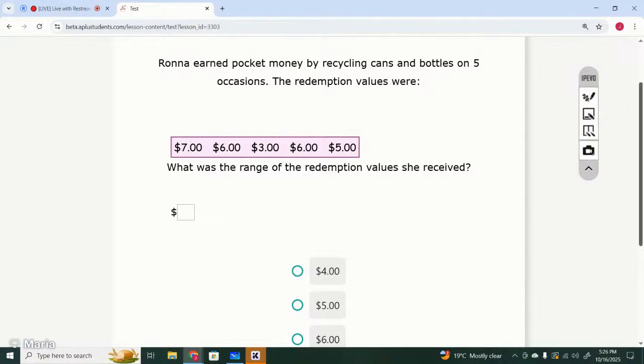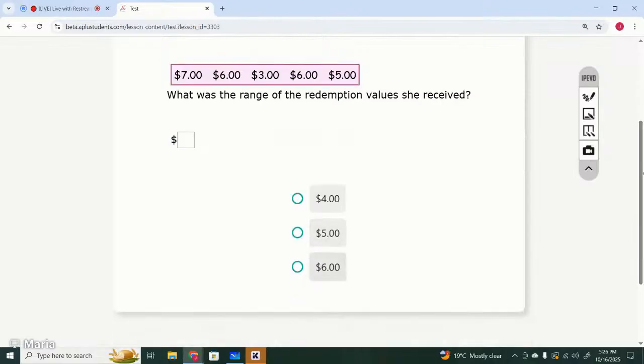The range is 4. Option number 1 is the correct option.